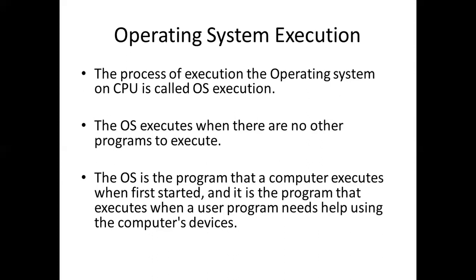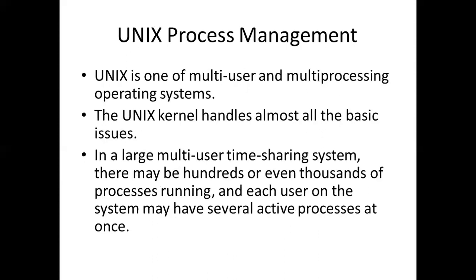So the next one is Unix process management. How does Unix manage its processes? It's because of the Unix kernel. Remember, Unix is a multi-user as well as a multi-processing operating system.